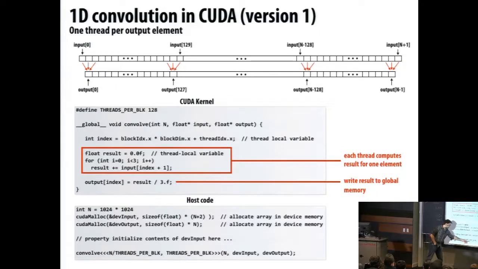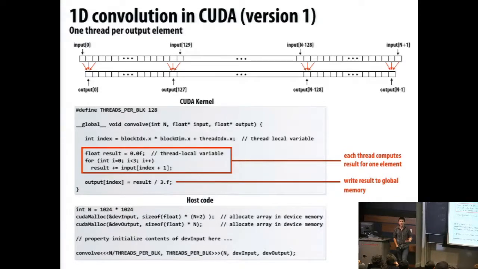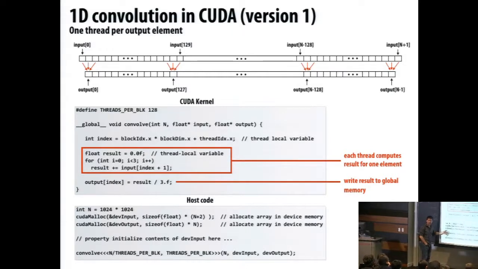And then how many blocks do I need? It needs to be n over threads per block, and let's just assume everything divides equally for now, just to keep the slide simple. So you can see how I'm basically launching one thread here for every output element of the array. Even though the code isn't mapping the kernel onto this array, I've essentially done that here. We're going to map the kernel onto every output element.